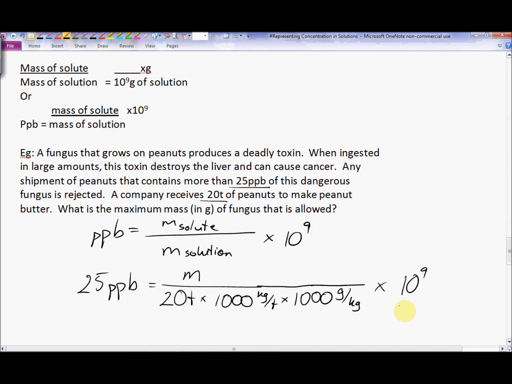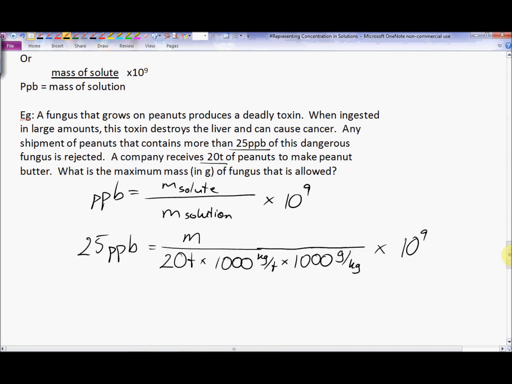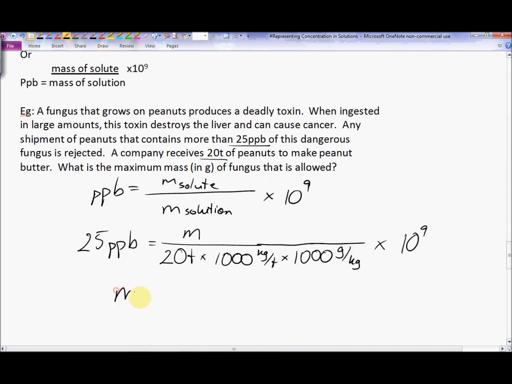Okay, our mass of fungus can therefore be no greater than 25 parts per billion divided by our 10 to the power of 9 and multiplied by 20 tons times 1,000 times 1,000.